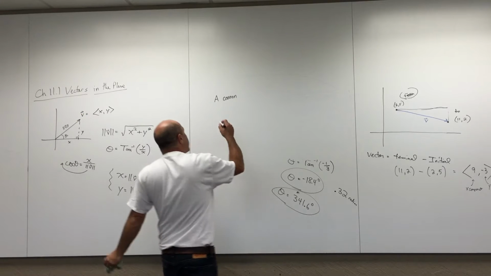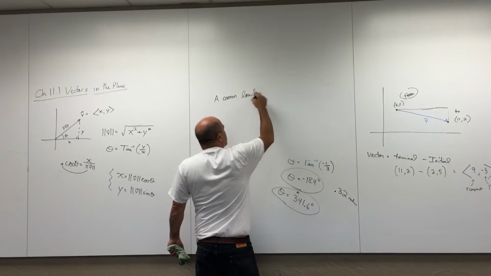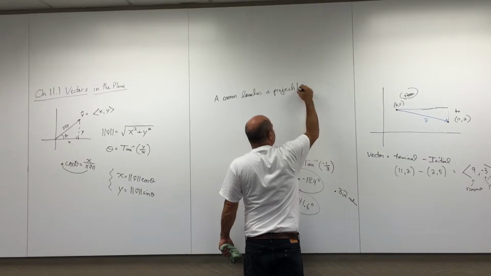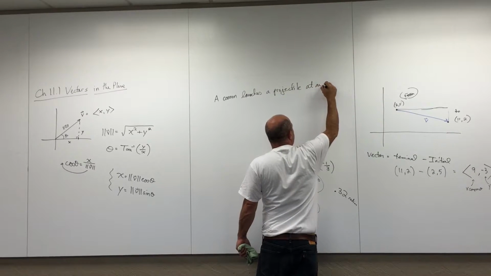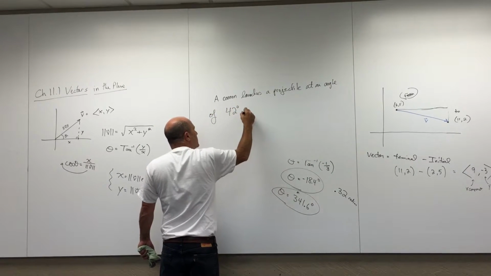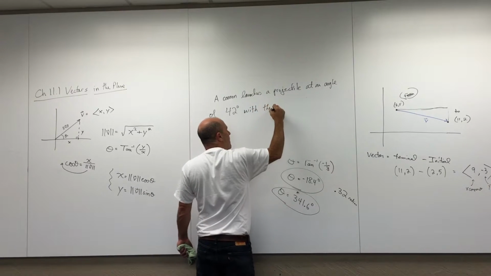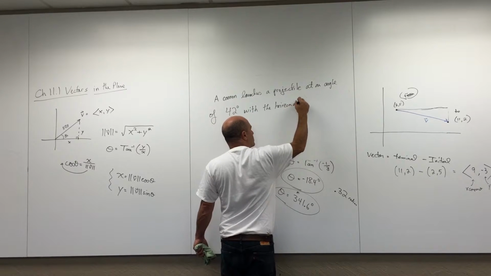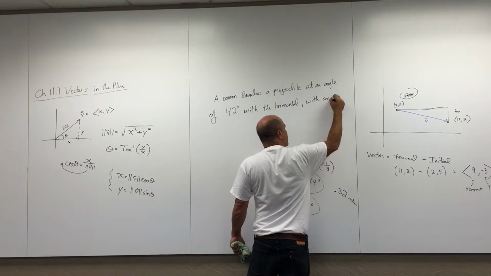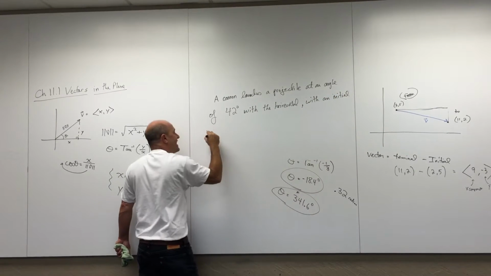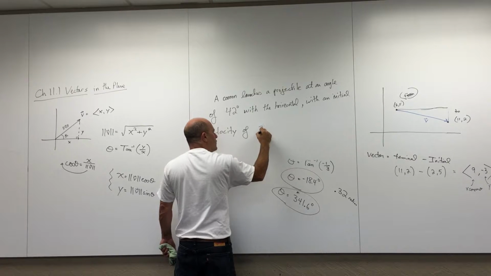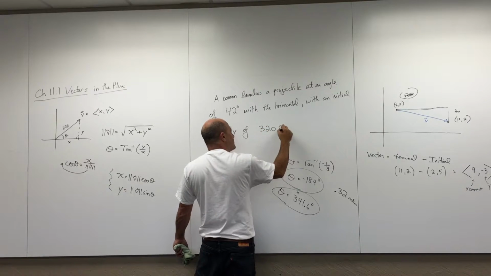Now I wanted to say, a cannon launches a projectile at an angle of 42 degrees with the horizontal, with an initial velocity of 320 feet per second.